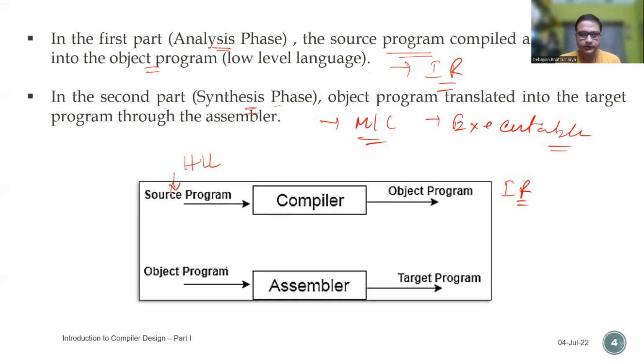That representation is then taken as input by the assembler, and the assembler ultimately generates the executable code, or the bare machine level code. This is the phase which most compilers nowadays follow.